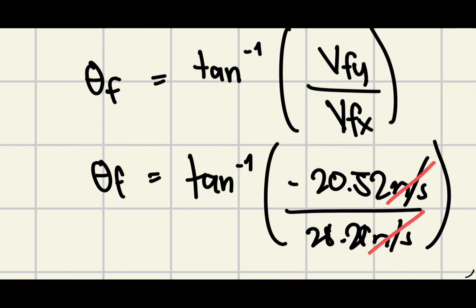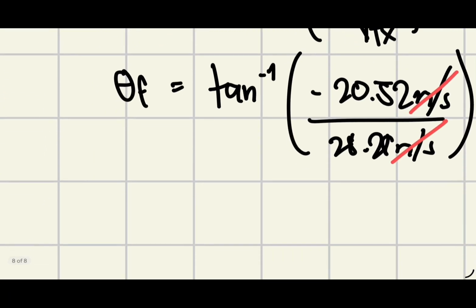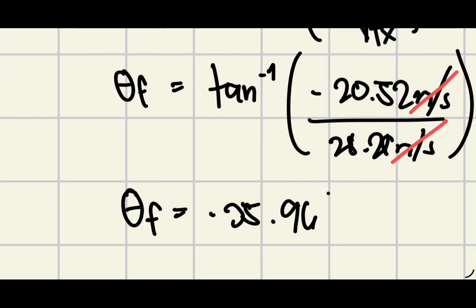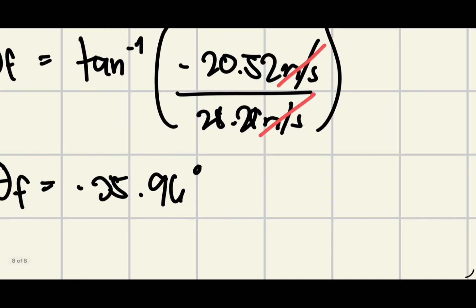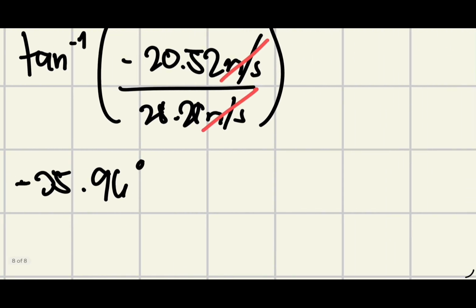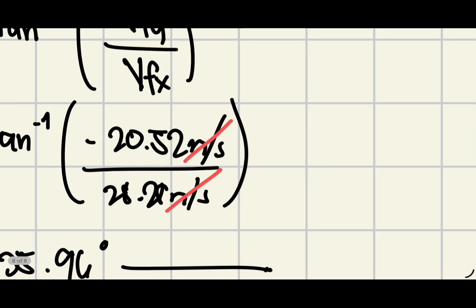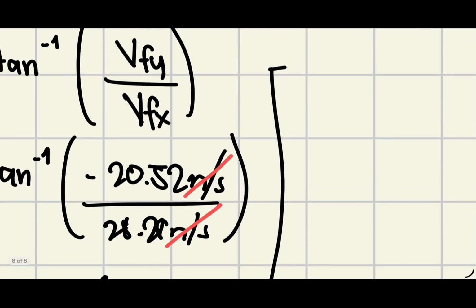Then this just cancels. Then in our calculator, that is just equal to negative 35.96 degrees.